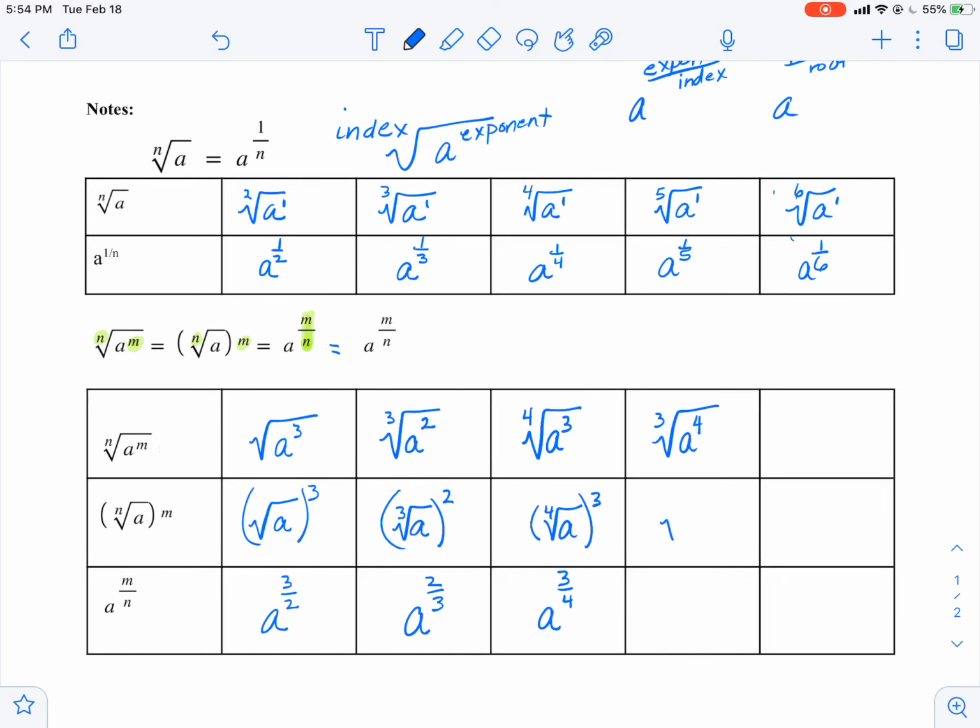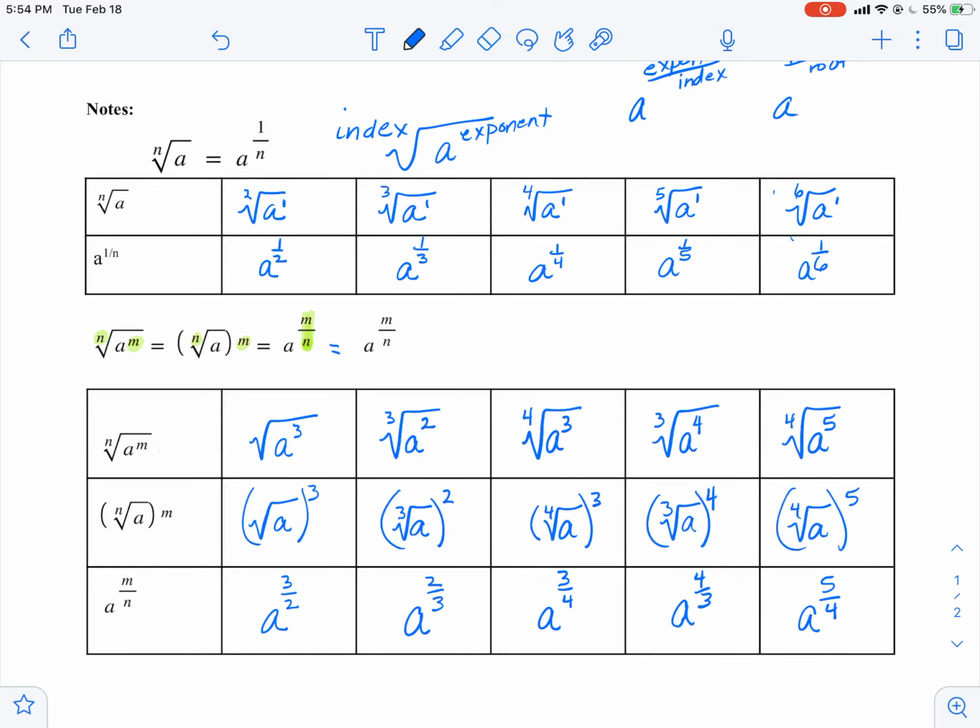And so another way of writing that would be the cube root of a to the 4th power, or a to the 4/3. A final might be, let's say we have the fourth root of a to the 5th. So that could be written as the fourth root of a to the 5th power, or a to the 5/4.